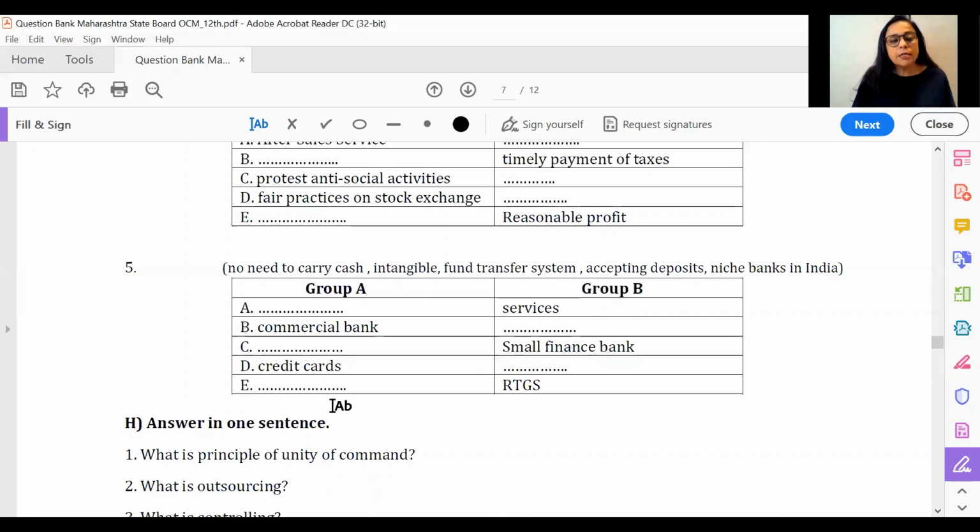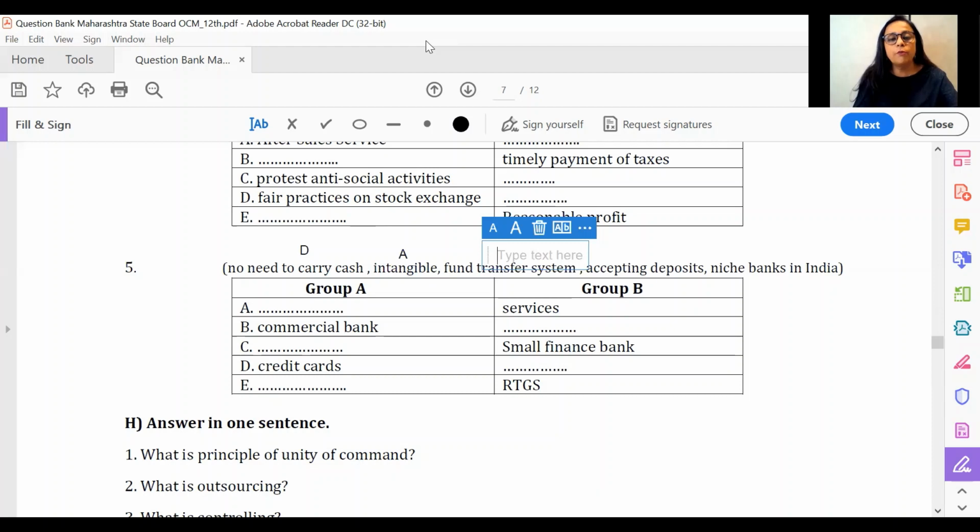Going to the last, compare the options, you have no need to carry cash goes for cash credit. So you have option D there, intangible characteristics of services. So we see that's your option A here. Fund transfer system, real-time gross settlement. That's again your objective on RTGS system.